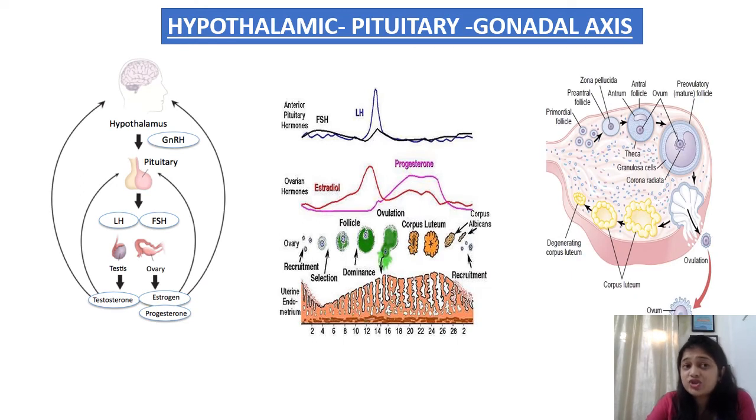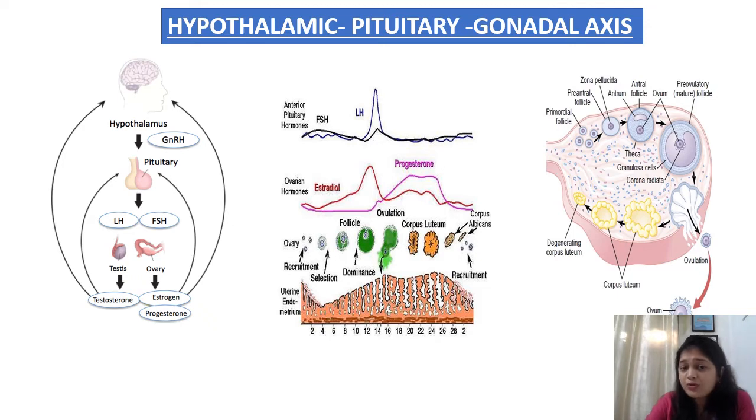The estrogen is produced from the theca cells of the follicles and the granulosa cells of the follicles as well. These are responsible for production of the estrogen, which is seen in the follicular phase of the menstrual cycle.